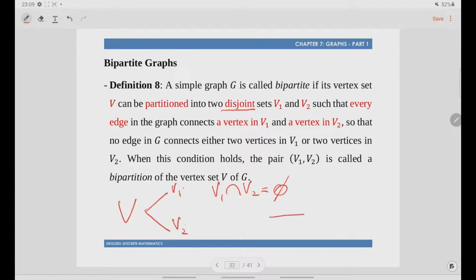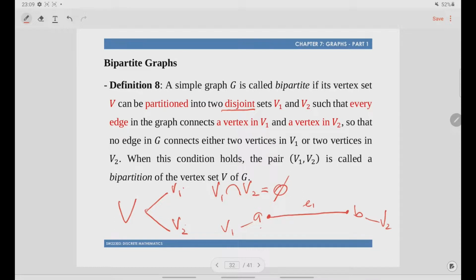Let's say we use different notation for the edge. Let's say A and B are two vertices, and we have edge E1 connecting A and B, where A comes from the set V1 and B comes from the set V2.